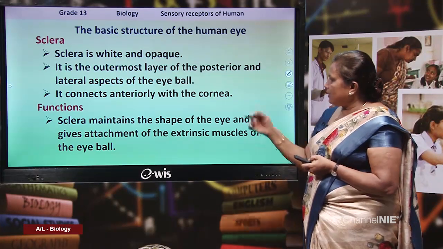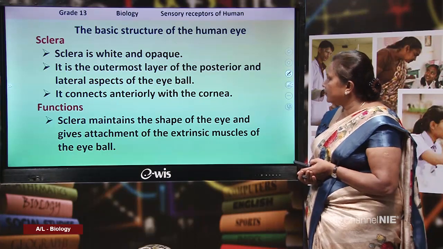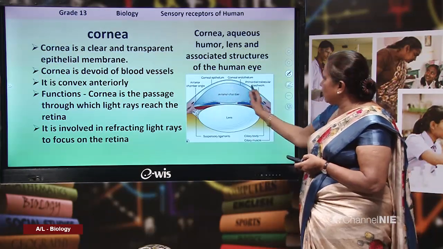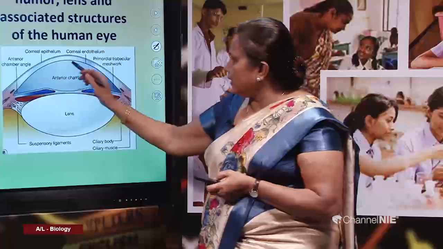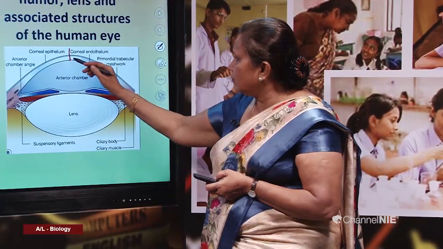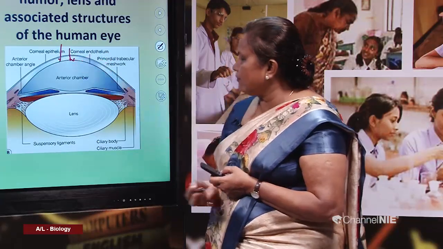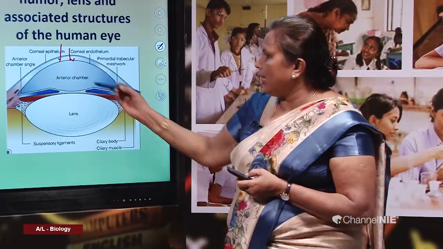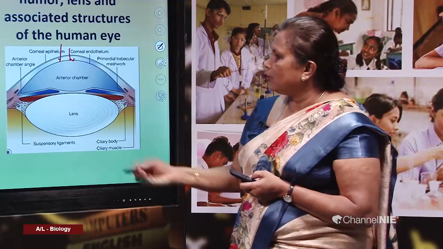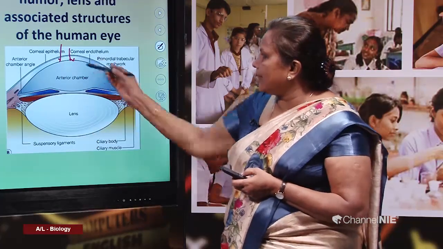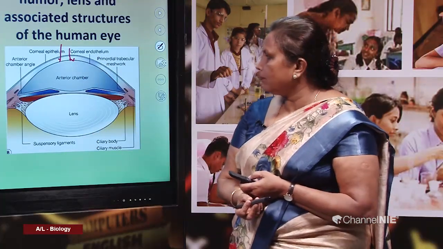The cornea is the part which refracts the light. You can see this area here, this is the cornea. Light refracts through this, that is its function, and enters into the anterior chamber, which is present between the lens and the cornea.